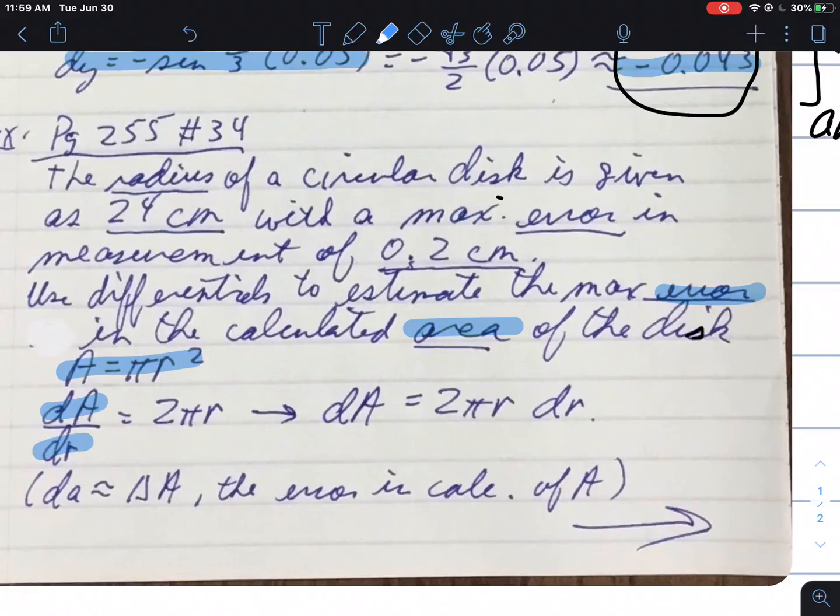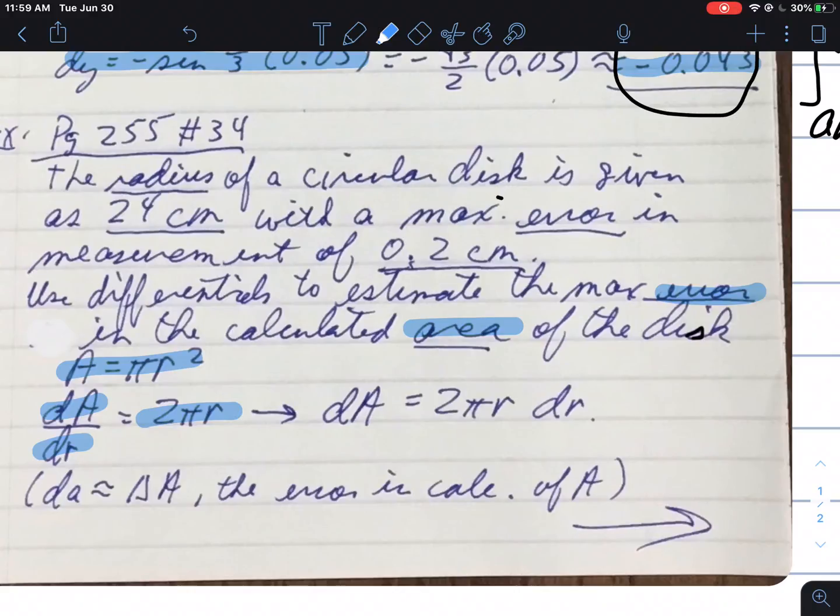Over on the right side, we're using our power rule on pi r squared. Remember, pi is a constant, so it's just the power rule: 2 pi r, times dr, this change in radius with respect to radius, which is 1. And that's kind of interesting to see, as you recognize 2 pi r, that's the formula for what?